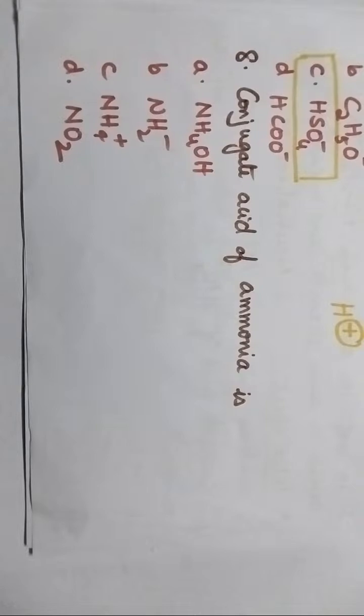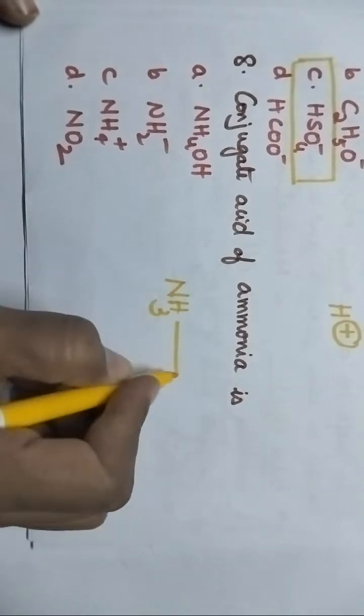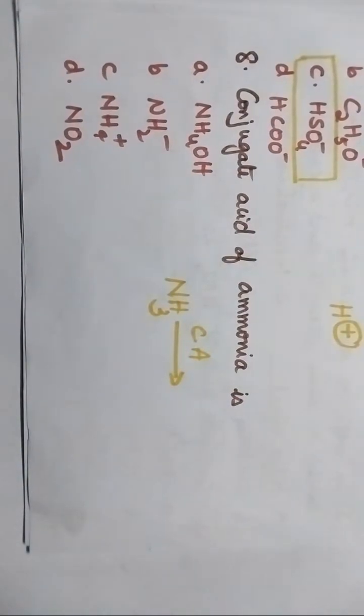So what is the formula of ammonia? First you identify the formula, that is NH3, and you are supposed to find the conjugate acid. So conjugate acid means, what you are supposed to do?